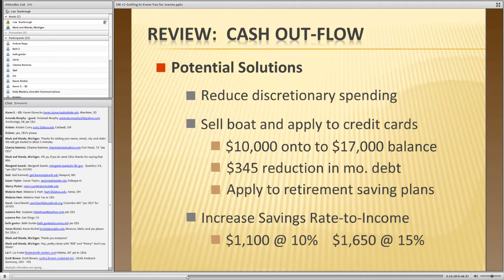So some potential solutions here would be obviously to reduce discretionary spending. We could sell that boat, put that onto the $17,000 balance in credit cards, which would result in a $345 reduction in the monthly debt, and then apply that to the retirement savings. So we could increase the savings rate to income to a nice healthy 15%.